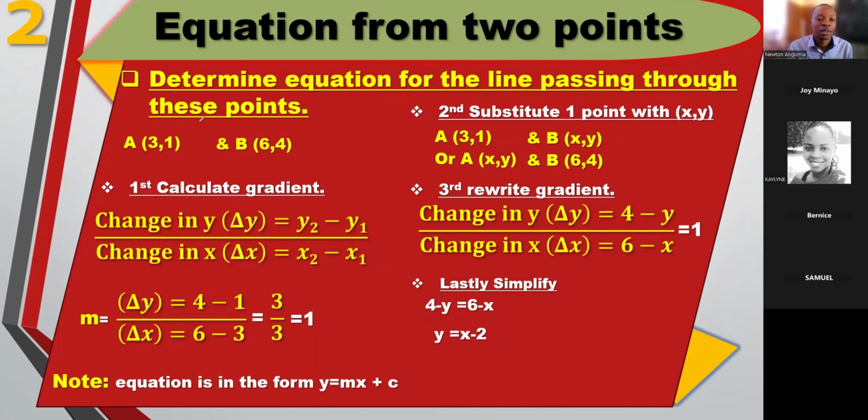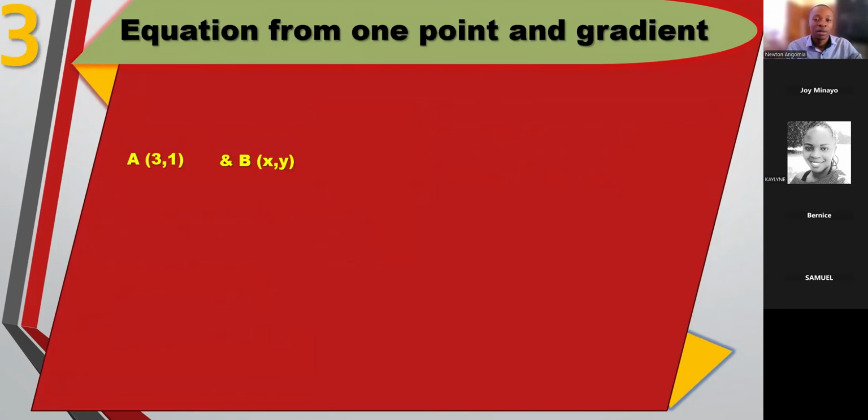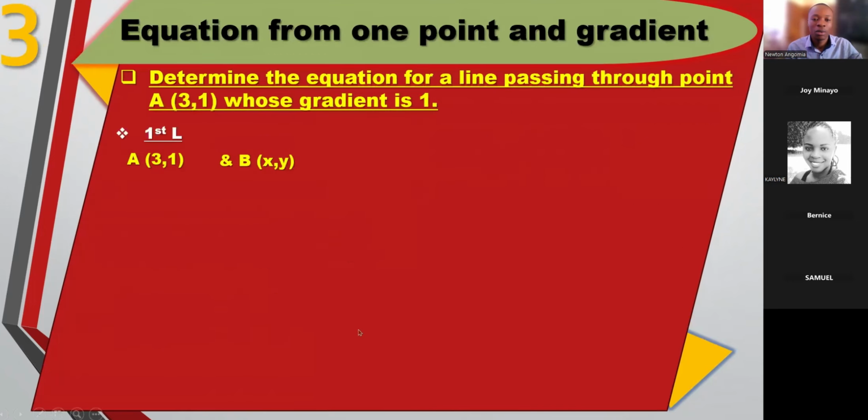Now, let's proceed. The next part. If you have been given only one point and a gradient, how can you get the equation of a straight line?